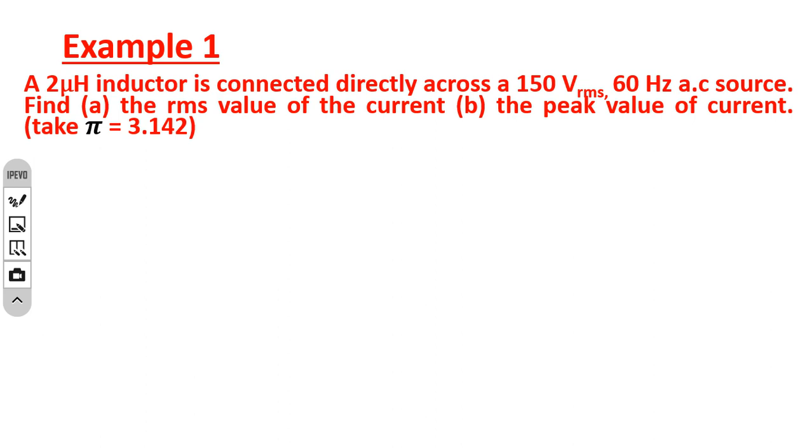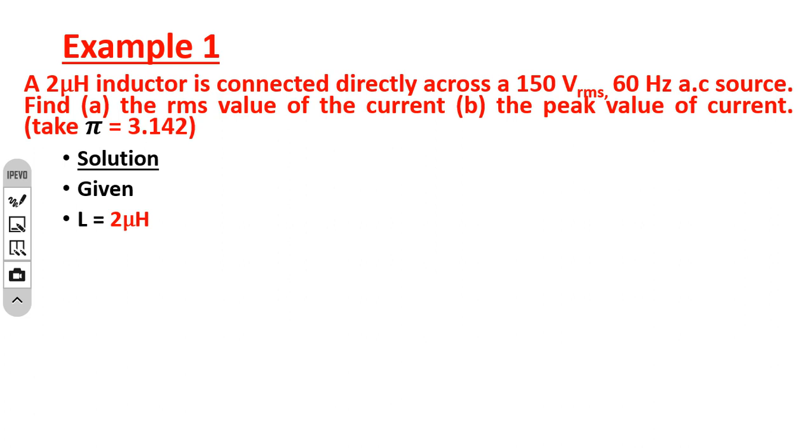Find, the first one is the root mean square value of current, and the second one is the peak value of current. No matter how sound you are in physics, you must first of all list the quantities given. So from the quantities given, you would be able to estimate which expression is suitable for you to use in solving the problem.